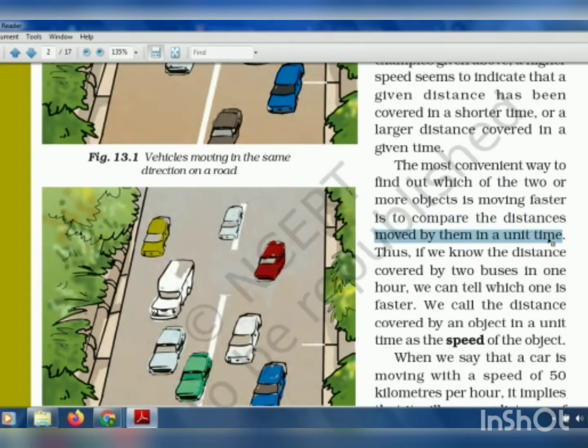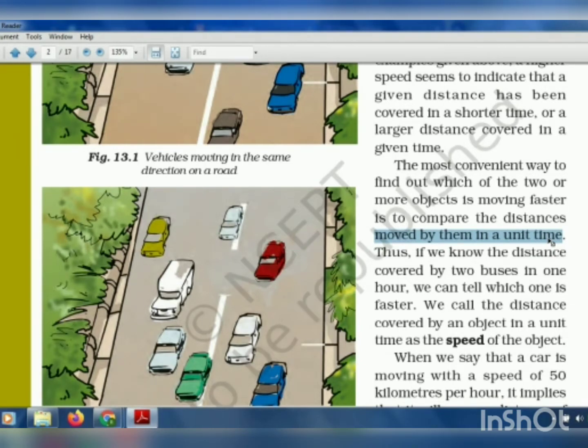In a unit time means, if we specify some time, for example 1 hour, we have to see where the two vehicles have reached after 1 hour and calculate the distance they have covered from their starting position. So after 1 hour, we check the distance covered by two buses.